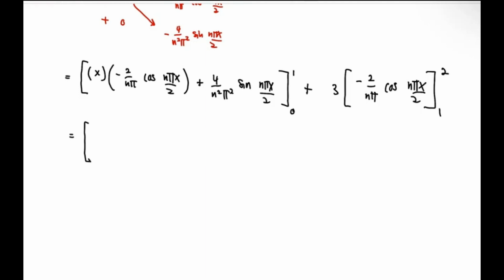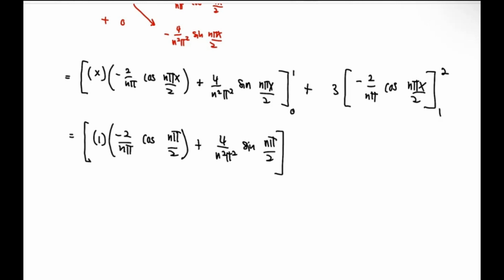So substitute 1. I get 1 times negative 2 over n pi cos n pi over 2 plus 4 over n square pi square sine n pi over 2. This is the substitution of 1. And I substitute 0.